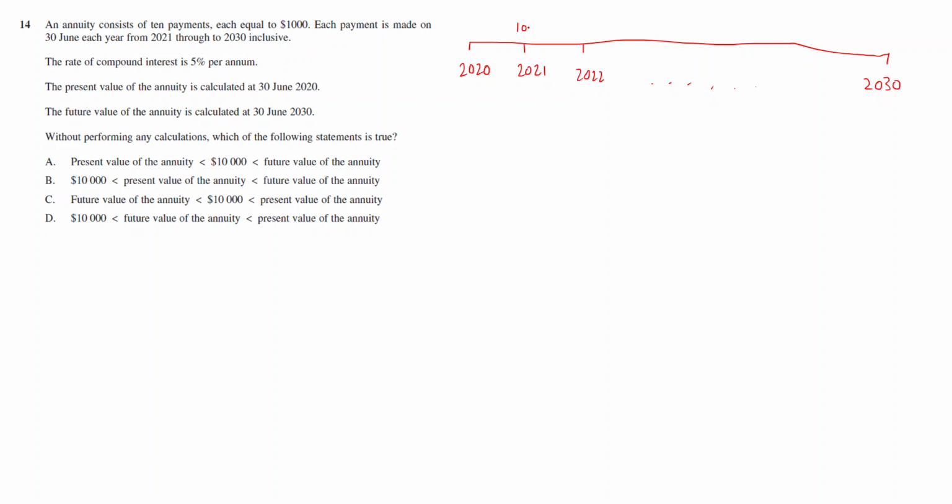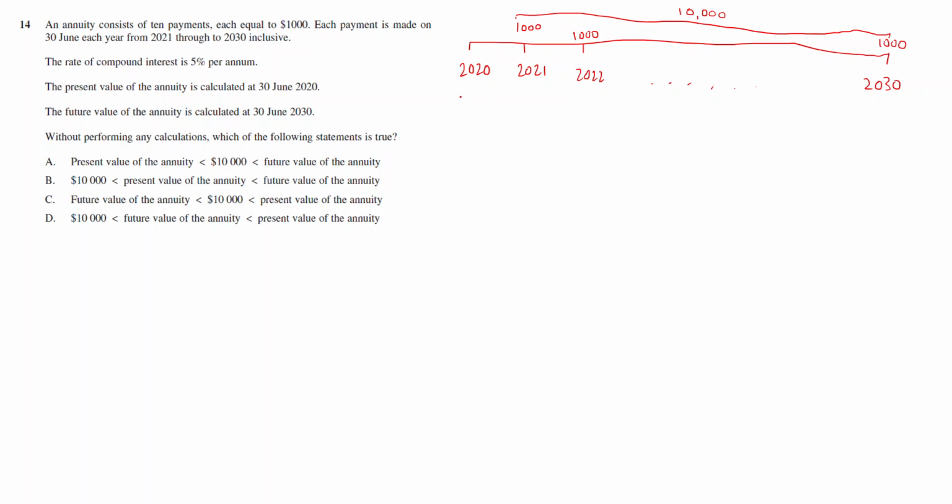They're saying that the payments have been made, 1,000 here, 1,000 here, and all the way 1,000 here. So 10 payments here. In total, if I forget the present value or future value, the total payments that are made are 10,000. 10 payments of 1,000 is equal to 10,000.